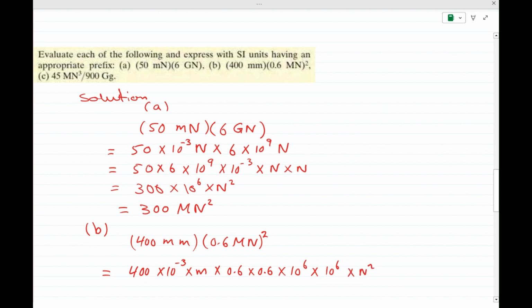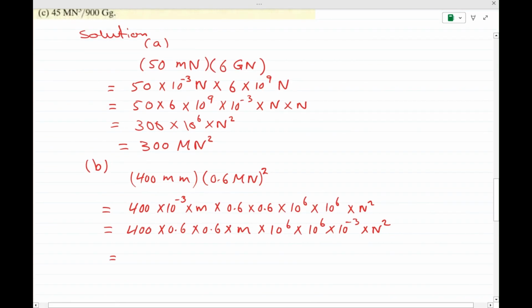This is how you expand your brackets. Rearranging: 400 times 0.6 times 0.6 times meter times 10 to the power 6 times 10 to the power 6 times 10 to the negative 3 times newton squared.